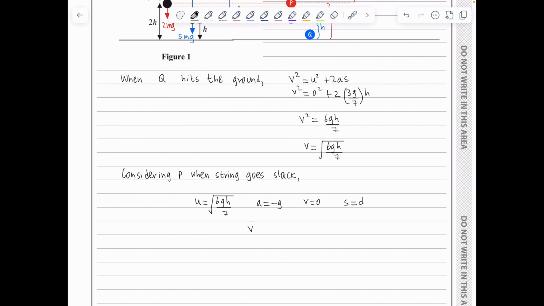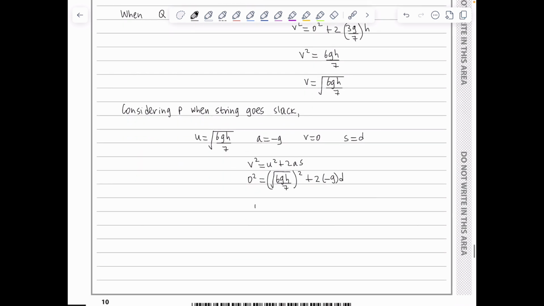So I'll be using v squared is equal to u squared plus 2as, which takes me to 0 squared being equal to the square root of 6gh over 7, all squared, plus 2 times negative g times d.